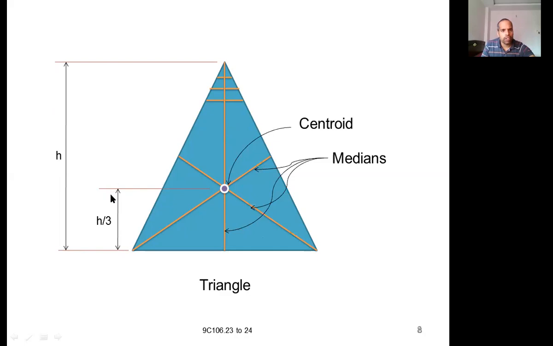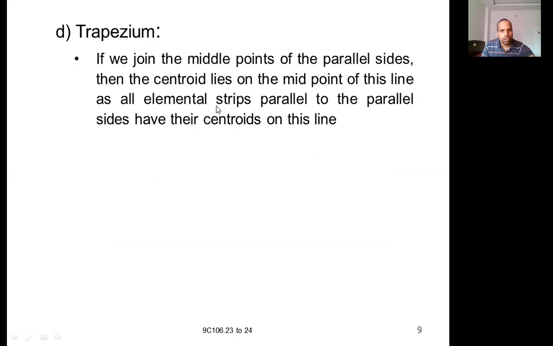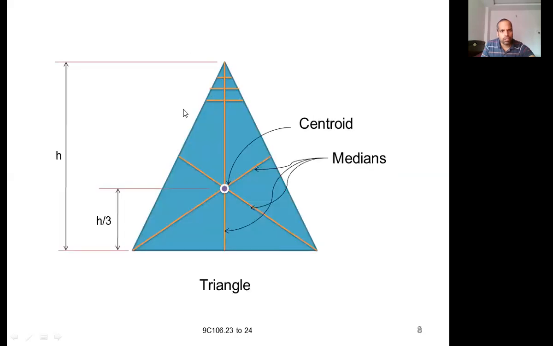If you measure the height of the triangle and the height of this intersection point, it shall be one third of the total height. Even if you draw a number of lines like this, they will also pass through that point.